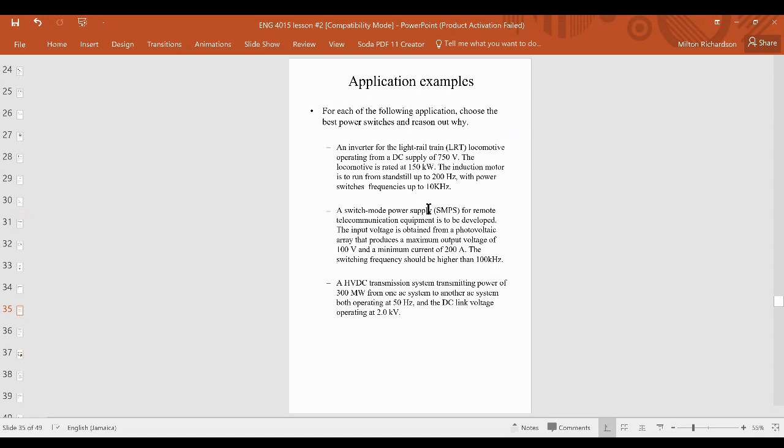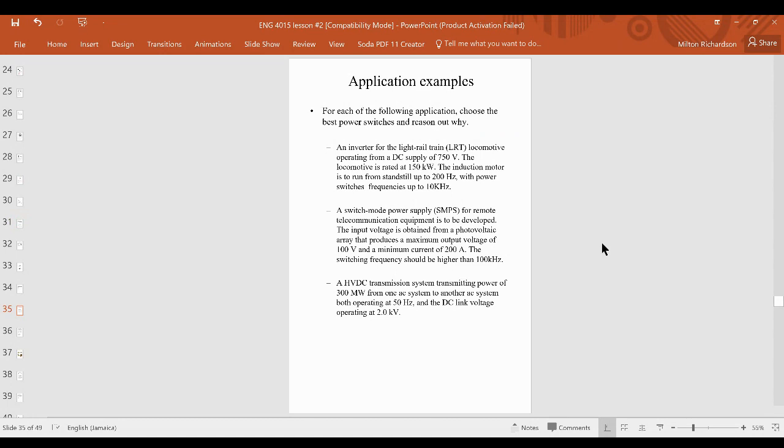So in today's class, we look at the different power semiconductor devices that are available. We look at key specification as it relates to their power, their voltage, and current and frequency.